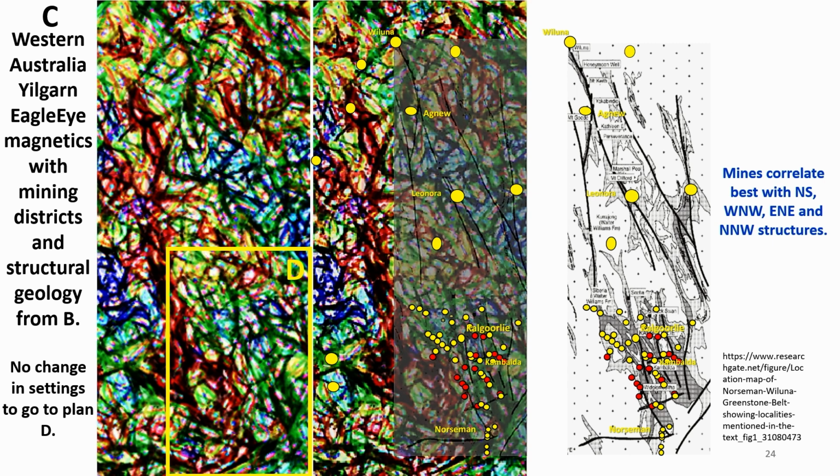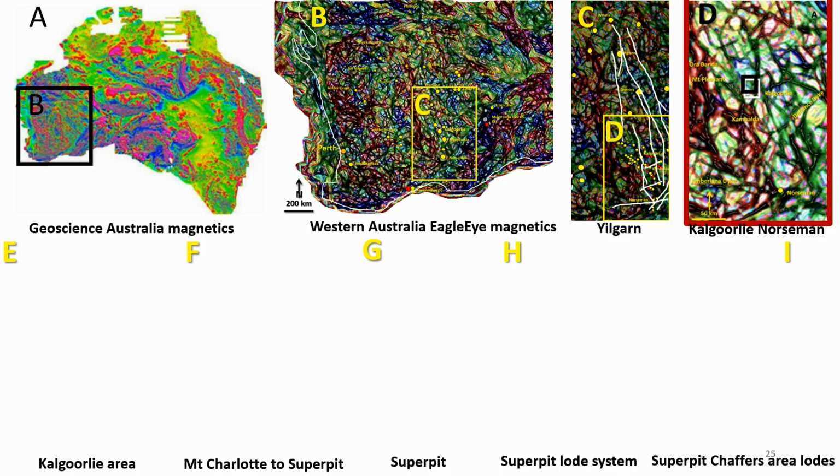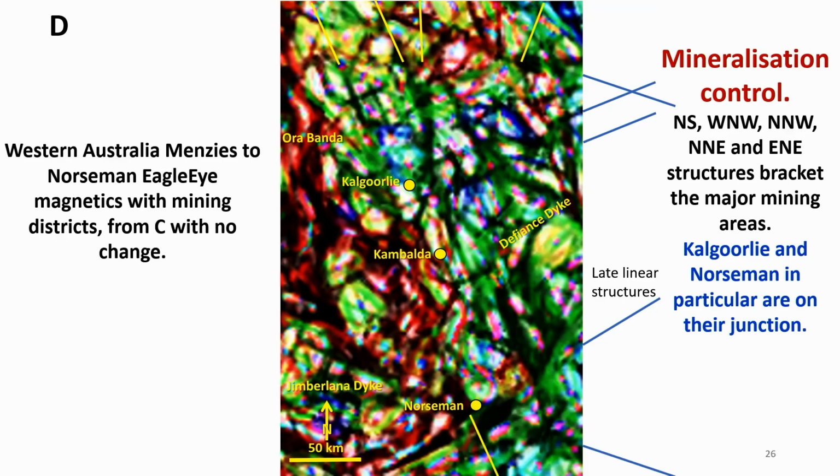We'll now go down to Plan D, which is the Kalgoorlie to Norseman section. Just a cutout from the previous plan. You can see the linear structures a lot better now than what you could on the large one.